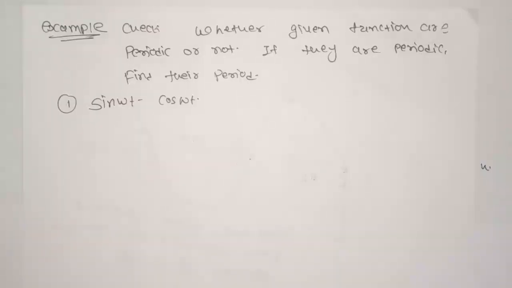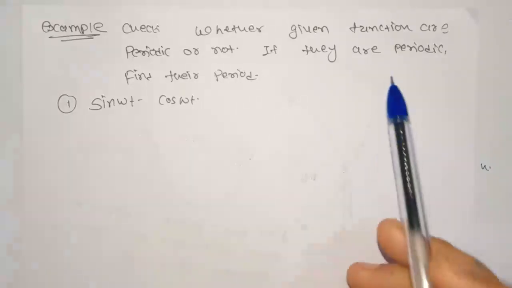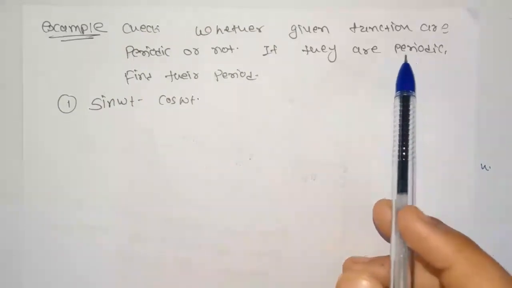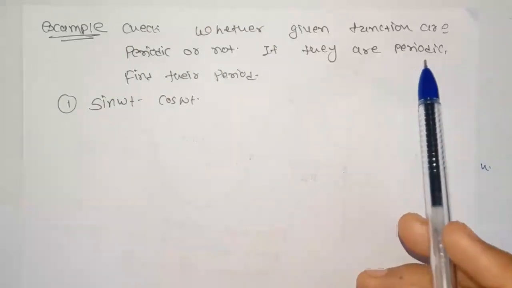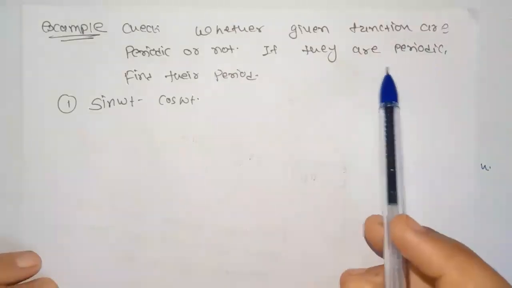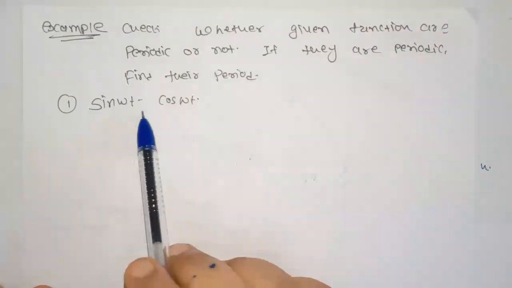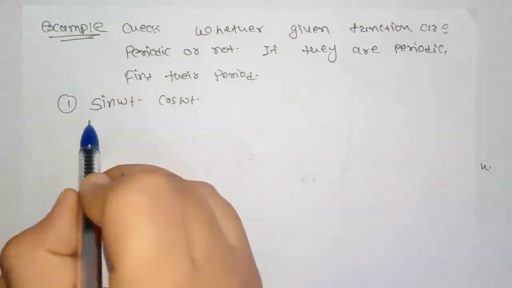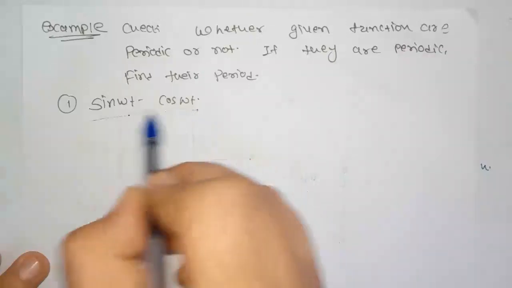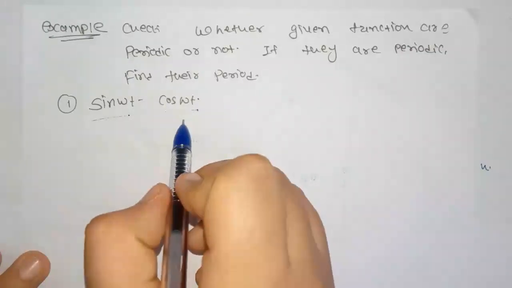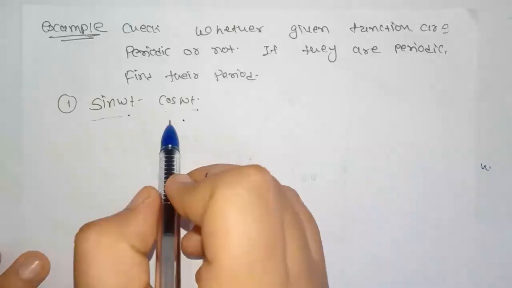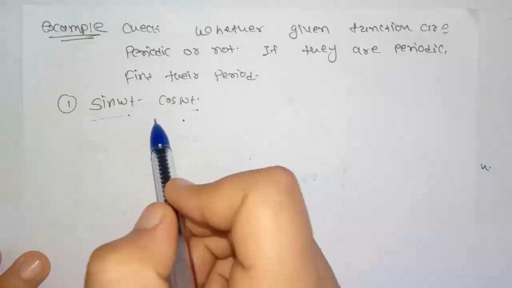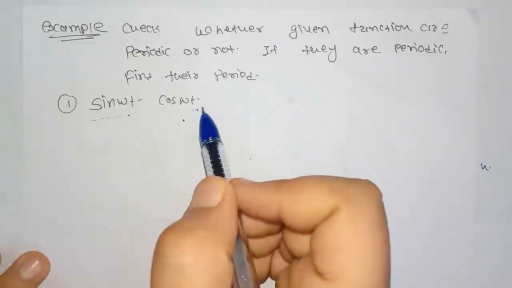In this example, we want to check whether given functions are periodic or not, and if they are periodic, we have to find their periods. The first function is given as sin omega t minus cos omega t. Here sin omega t and cos omega t are individually periodic functions. Whenever two individually periodic functions are added or subtracted, then the resultant will also be a periodic function.